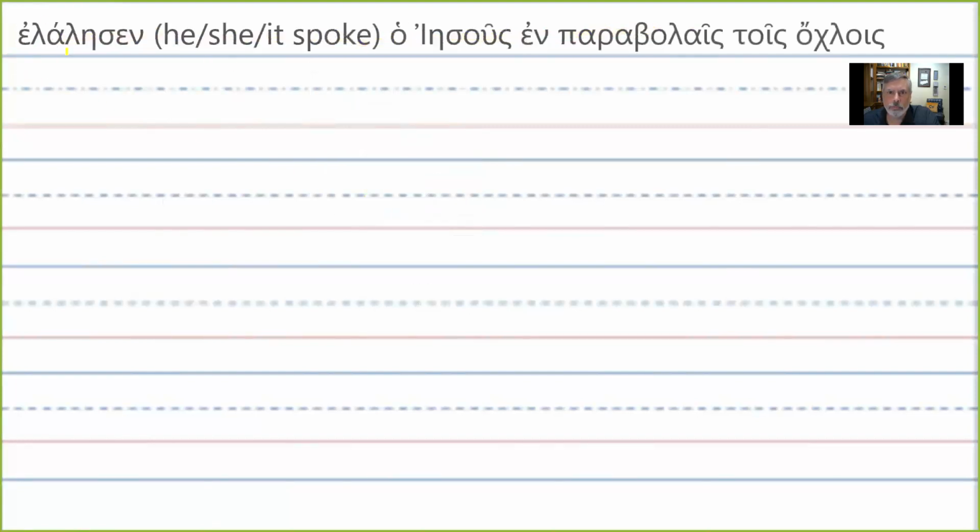And here's our verb given to us. Elaleisen, he, she, or it spoke. Lale means to speak. And there's our third person singular, the epsilon nu ending there, this aorist. So he spoke. Well, who spoke?